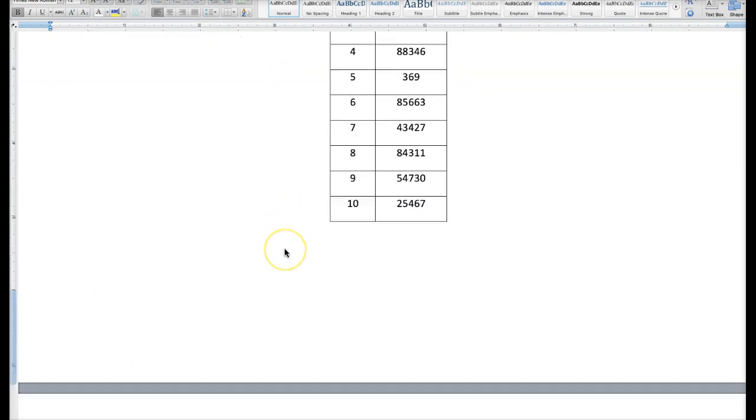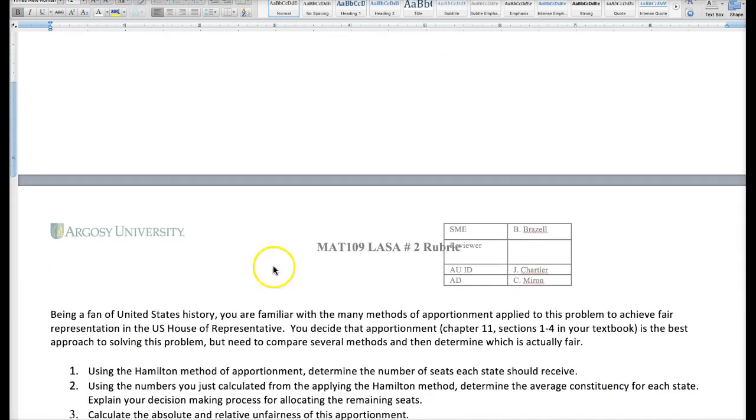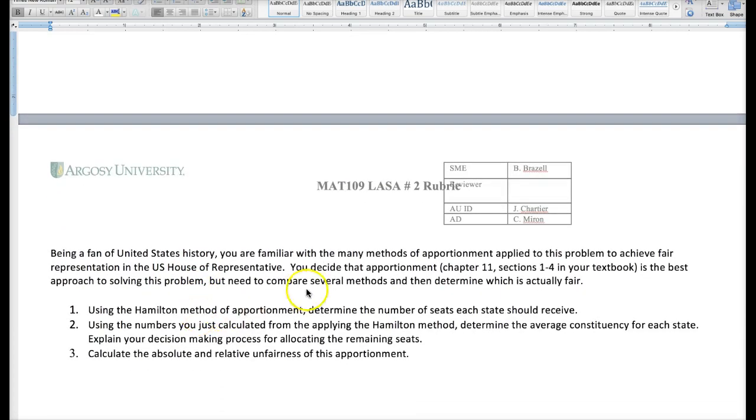And so if we continue on, it says, being a fan of United States history, you are familiar with the many methods of apportionment applied to this problem to achieve fair representation in the U.S. House of Representatives. And of course, in your textbooks, this will be chapter 11, sections 1 through 4.